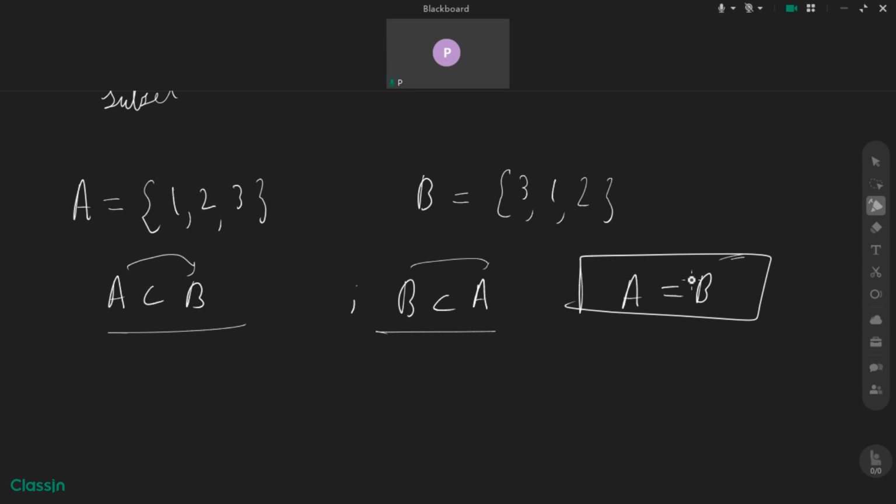Now if we mathematically have to show that A is a subset of B, we'll write it like this.